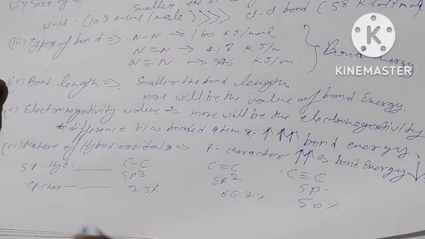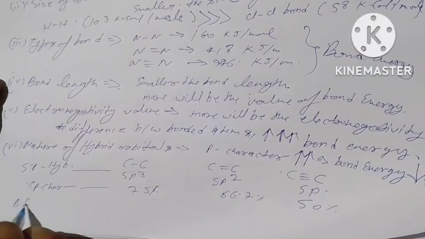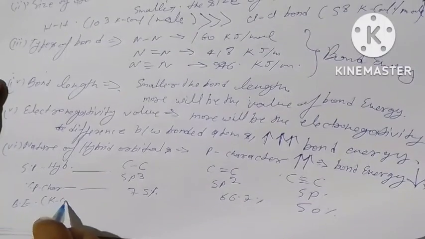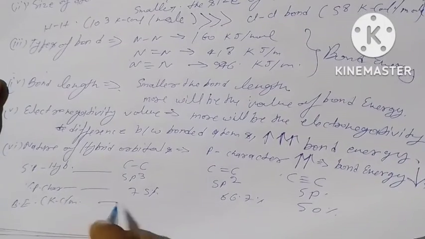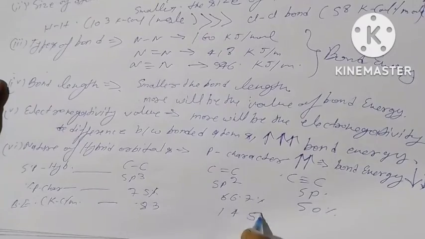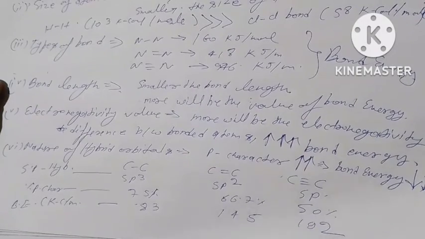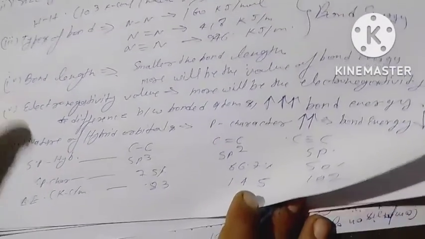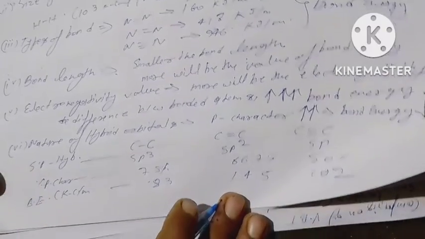Then the bond energy in kilocalorie per mole is 83, 145, and 192.